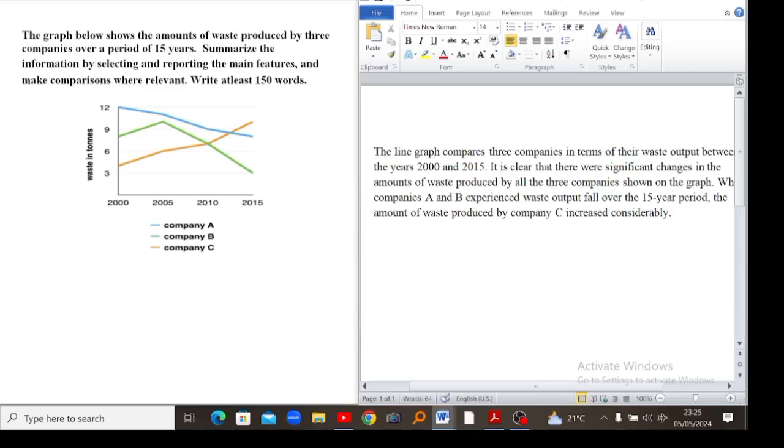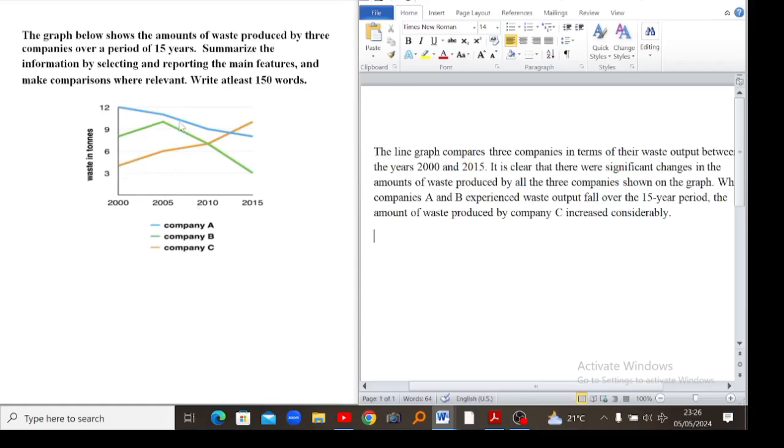So a good way to describe these years is to compare, just like they said, comparison. You're not going to describe the trend of A, then go to C, then go to B. No, just try to compare from 2000 to 2005, how was the trend?